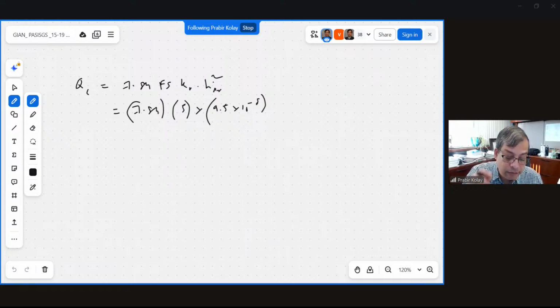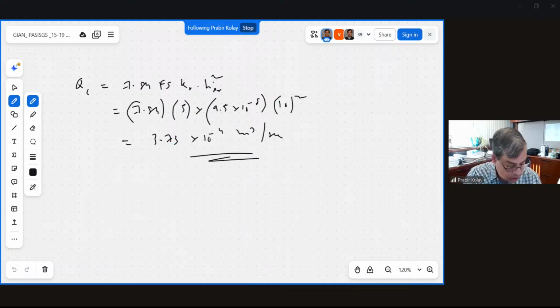And then the height of drainage, obviously, is the length of the PVD, that is 10, so 10 whole square. So just very simple: 3.73 times 10 to the power minus 4 meter cube per second. That is the discharge. Everything you just write in this equation, you will get the discharge through the PVD. So easily you can calculate.